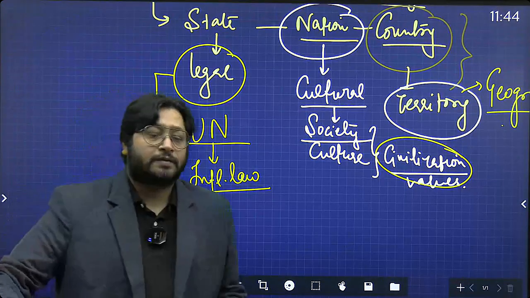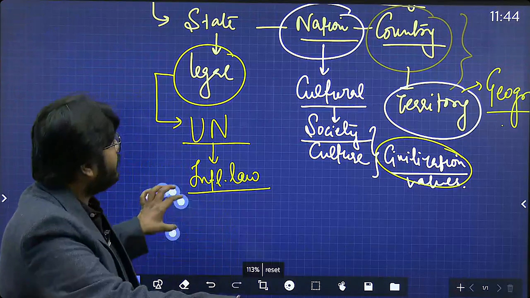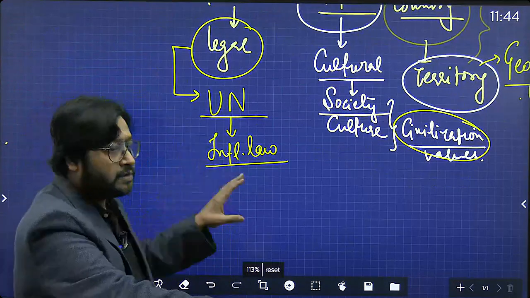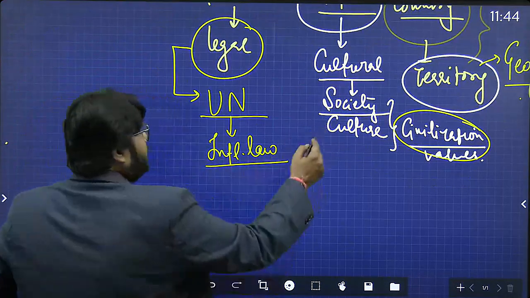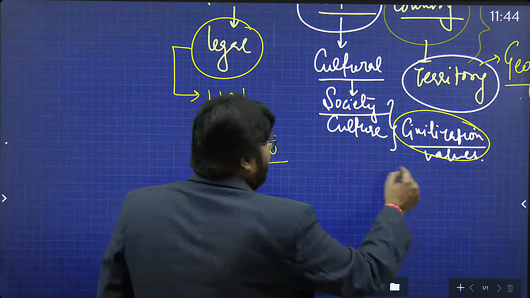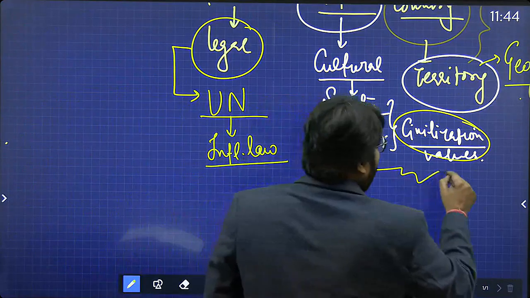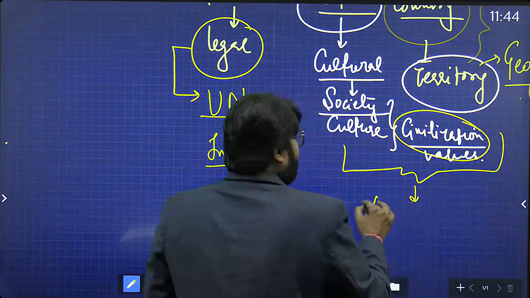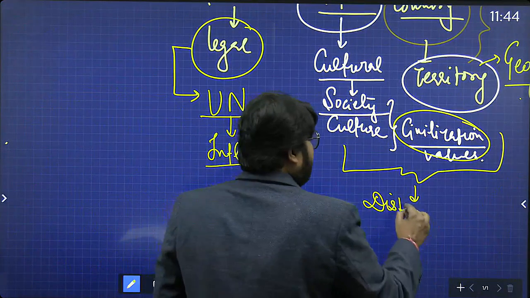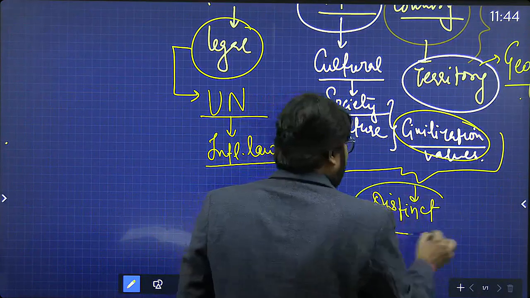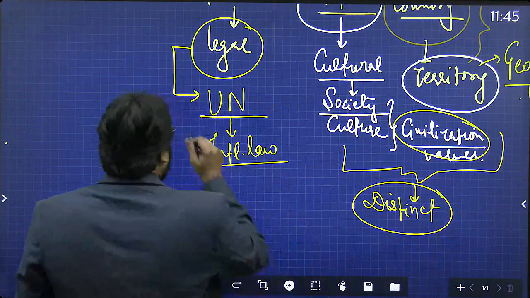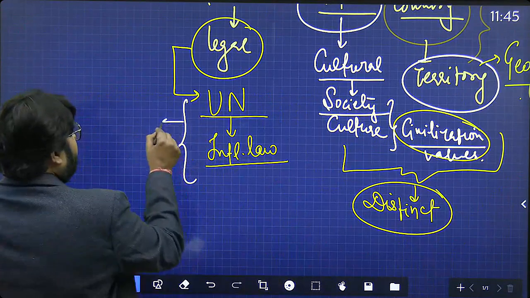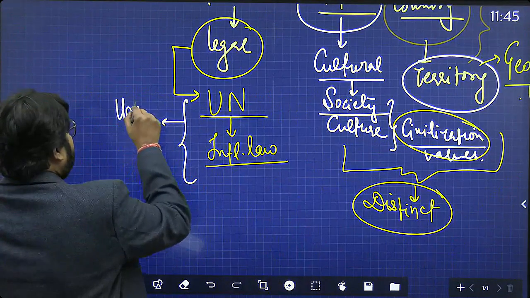These are some universal characteristics. These may be distinct characteristics, very typical to that particular territory, whereas these are the universal characteristics.